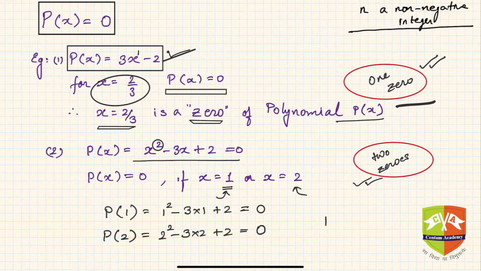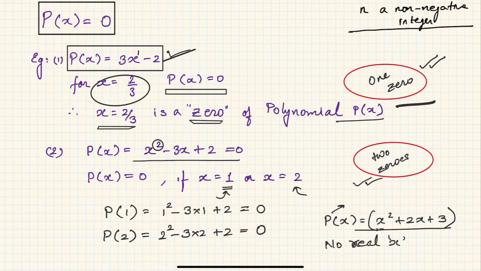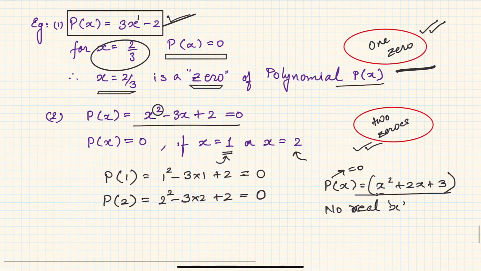For example, let us say you had p(x) equal to x square plus 2x plus 3, a quadratic polynomial. There is no real value of x which, when put in this expression, gives 0.